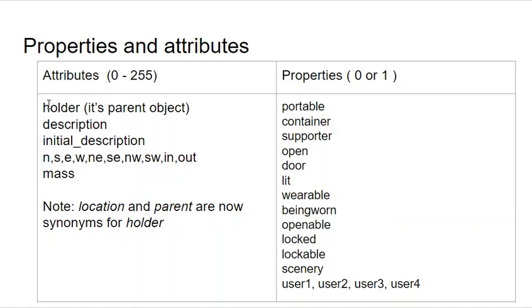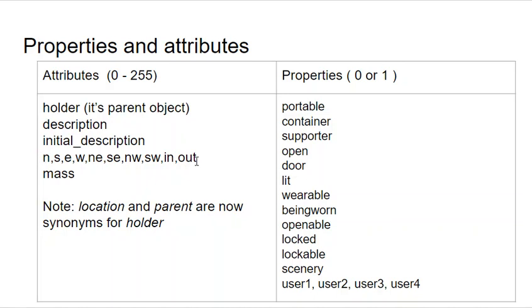It has an attribute called its holder. That can also be referred to as its parent or its location. Those are all synonyms. That is where that object is. It's who owns that object, where that object is in the world. It has a description. It has an initial description. So what's the difference? I'll explain that in a second.